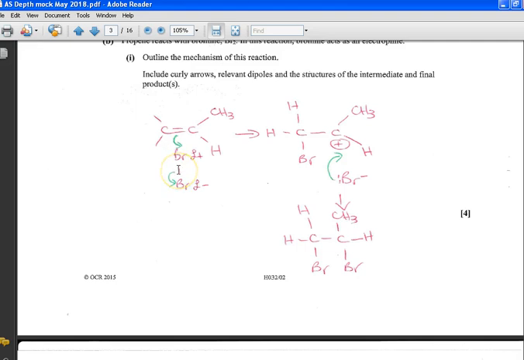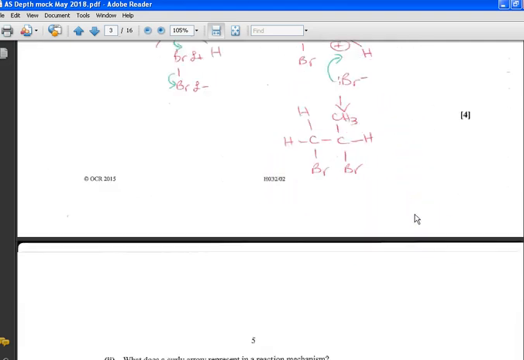This curly arrow is going from the bond, quite specifically from the bond to the second bromine. Then we've ended up with our bromide ion. So I would always put a lone pair on it, because you can show that the curly arrow is coming from the lone pair to the full positive charge that is on the carbocation, and then your product. Okay, 4 easy marks really.